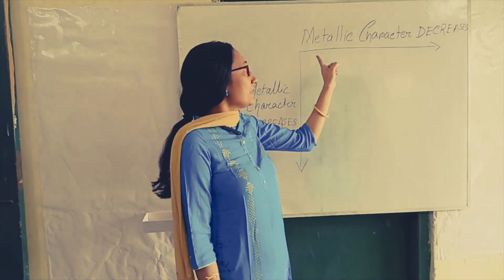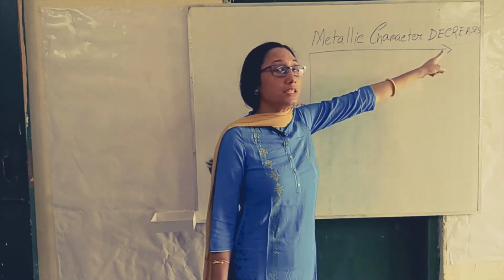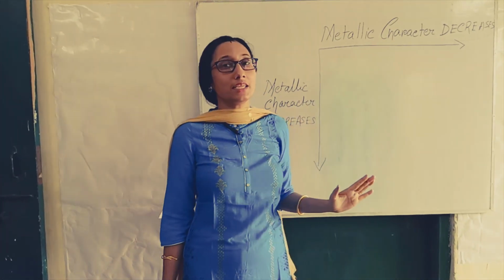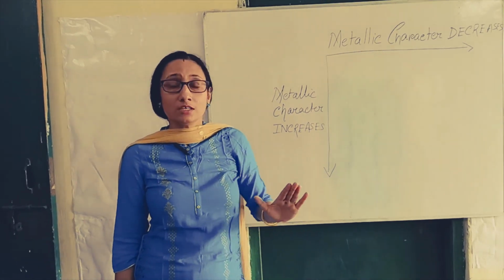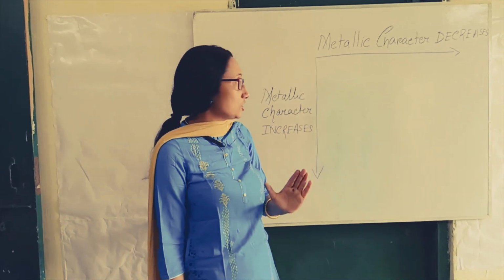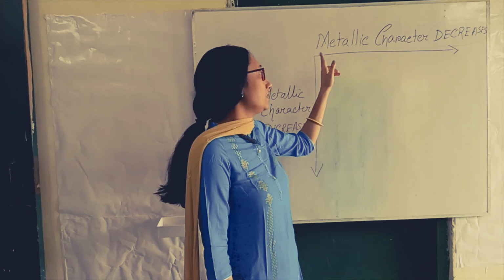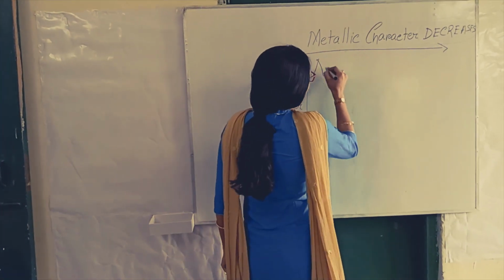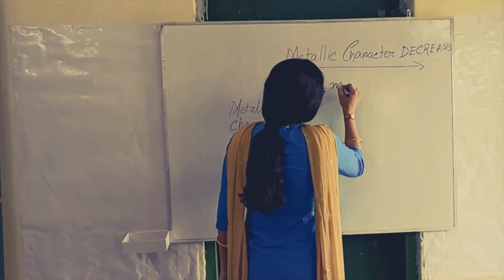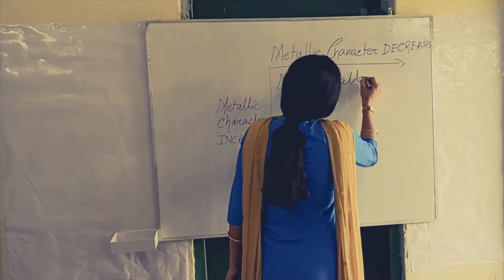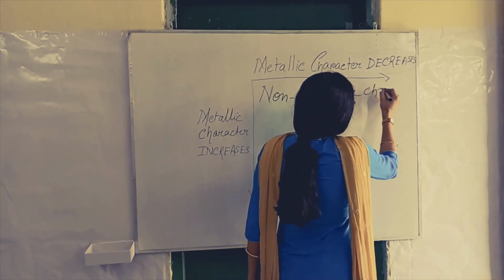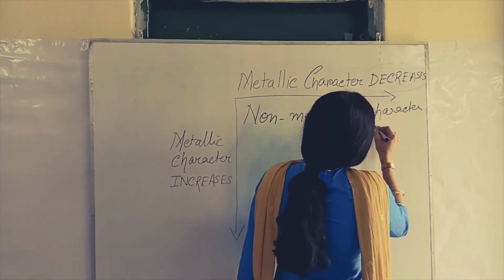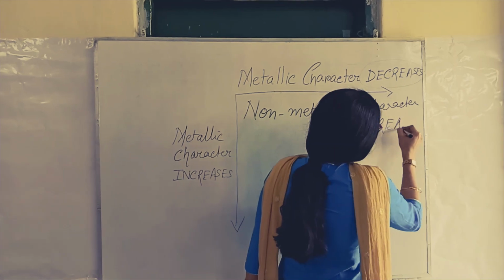Now, if metallic character decreases in this way, then what about non-metallic character? Non-metallic character will follow the reverse trend. That is, when we travel from left to right across a period, non-metallic character increases.